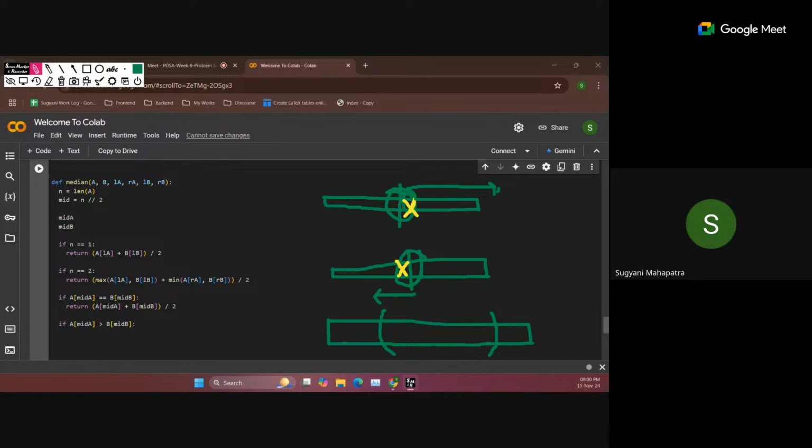But this point is greater than this point. Then what should we look for? Which range should we consider next? How do we change left of A, right of A, left of B, right of B, such that we can reduce this range further? I know that this middle of A element is greater than the value for middle of B element. Any guesses for that?